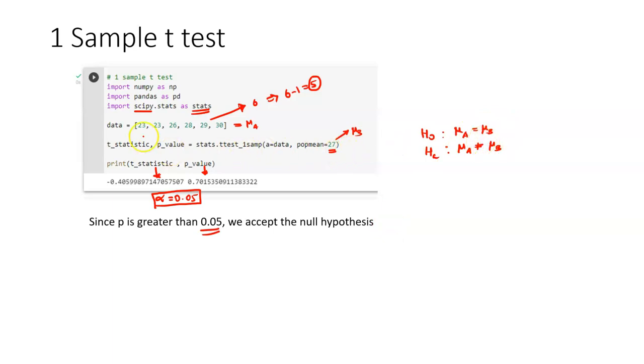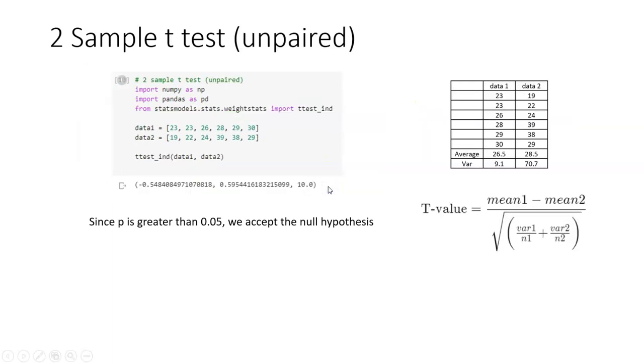The average of the sample that we have taken is the same as the number that we are considering, which is 27. If the p-value is less than 0.05, we would have rejected the null hypothesis, which means the averages are different. Mu is the Greek notation for average. I'm sure you all would be knowing that. Is this clear?